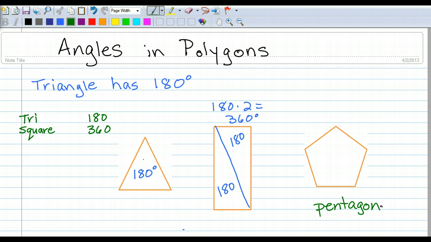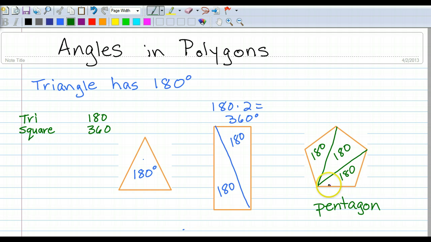Okay, so let's divide the pentagon into triangles. It doesn't matter what vertex you start from. Now I'm going to start from down here, and I'm going to draw from this vertex to that one. Hey, I just made a triangle. That's 180 degrees. Now I'm going to go from this vertex to that one. That one's 180, and that's 180.